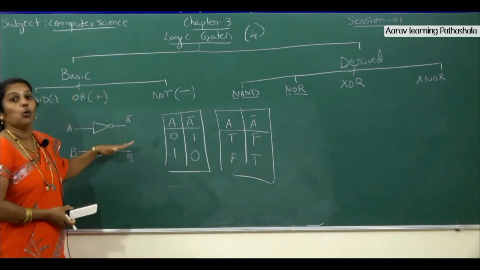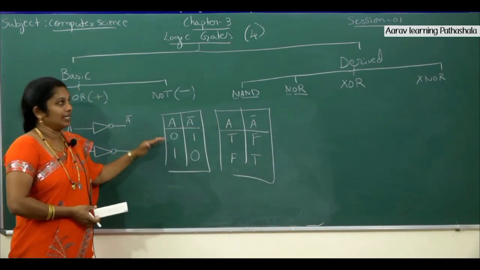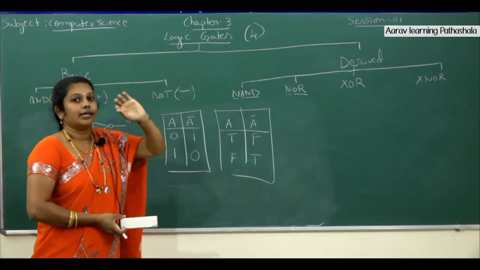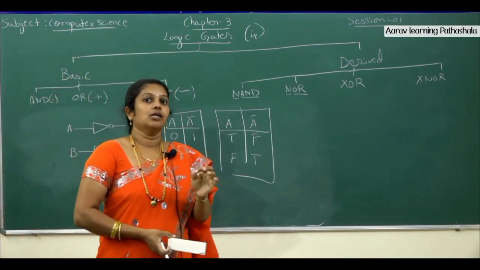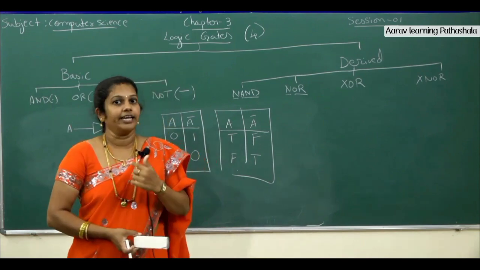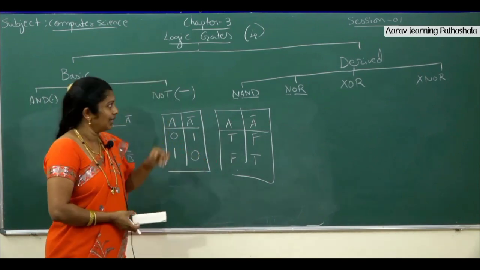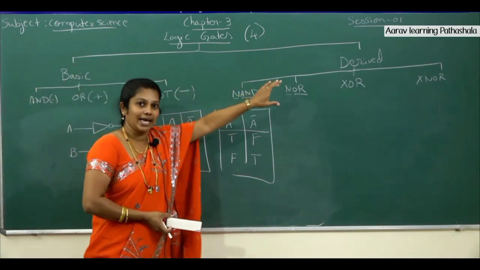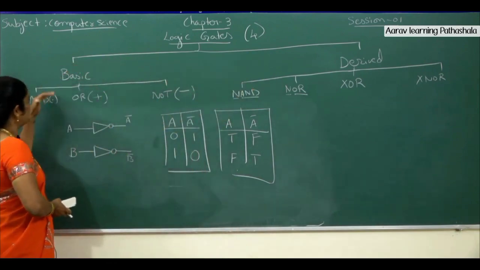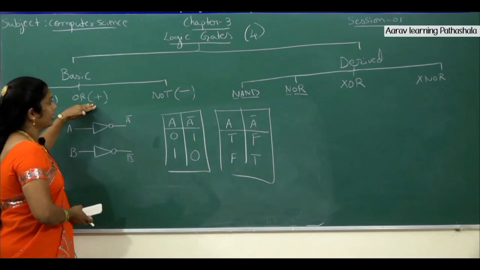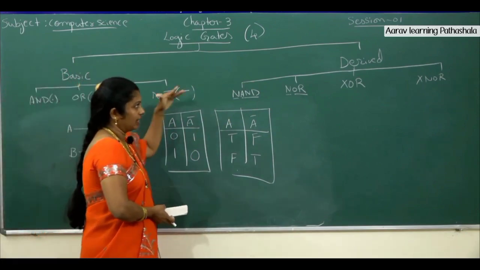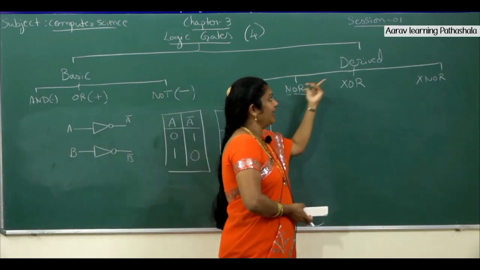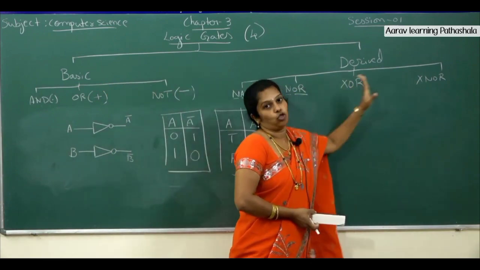These are the few basic gates we are using. Logic gate is nothing but an electronic circuit that takes one or more input signals and produces only one output signal. There are 2 types: basic gates and derived gates. In the basic gates we have AND gate, OR gate and NOT gate. In derived gates, NAND gate, NOR gate, XOR gate, XNOR gate.